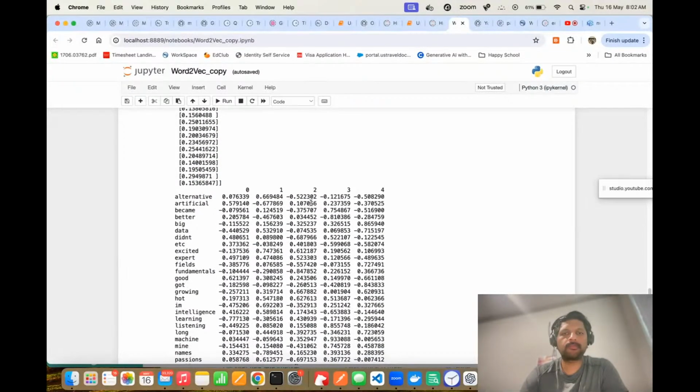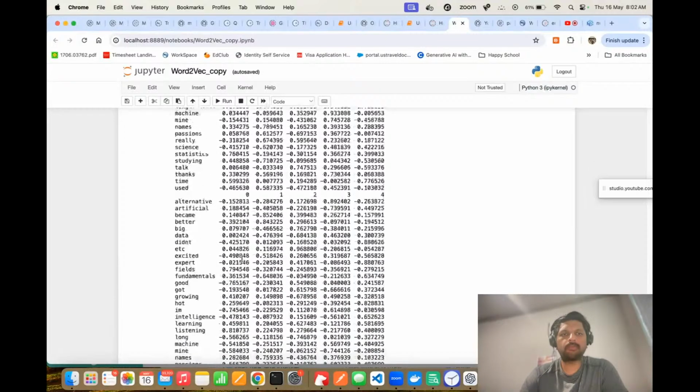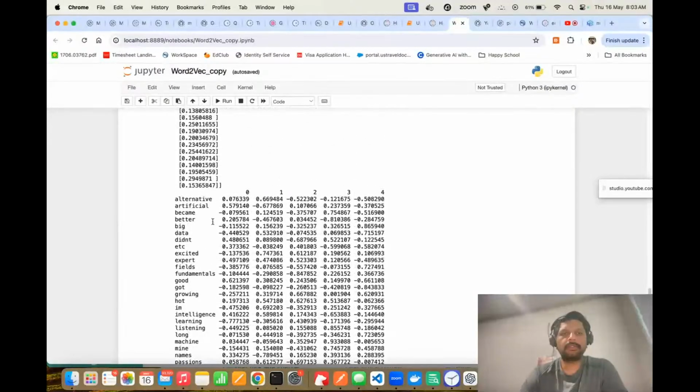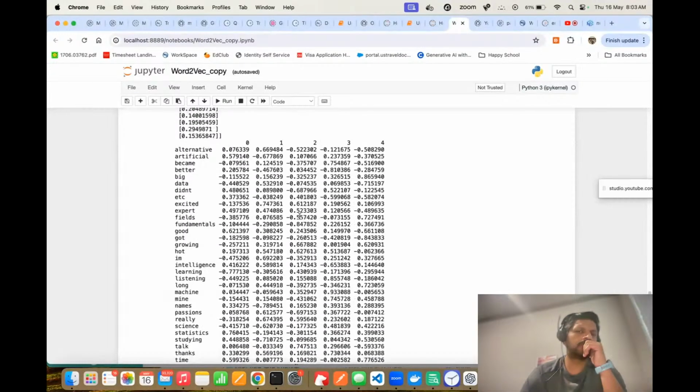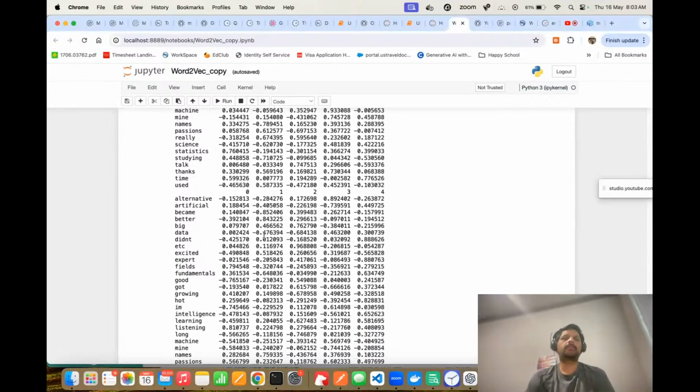For each word, this is the main embedding. This is the context embedding. Something interesting to understand: main embedding and context embedding are being picked up as two different values.